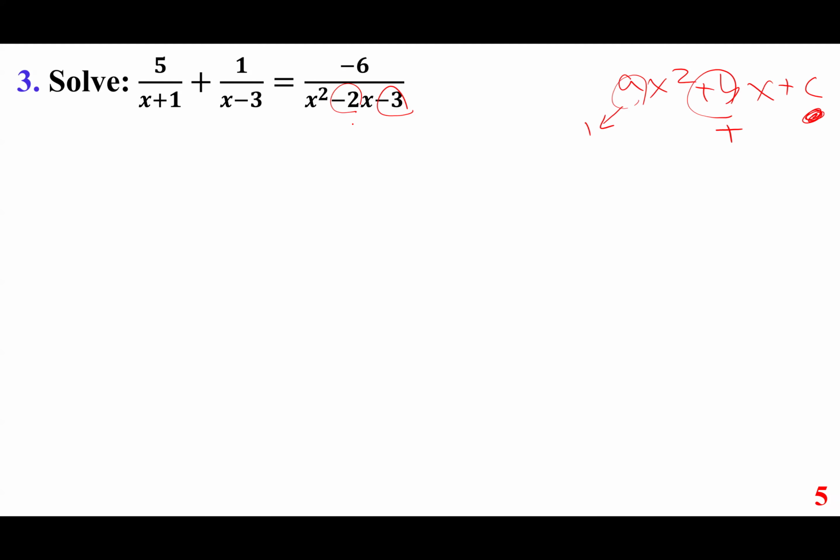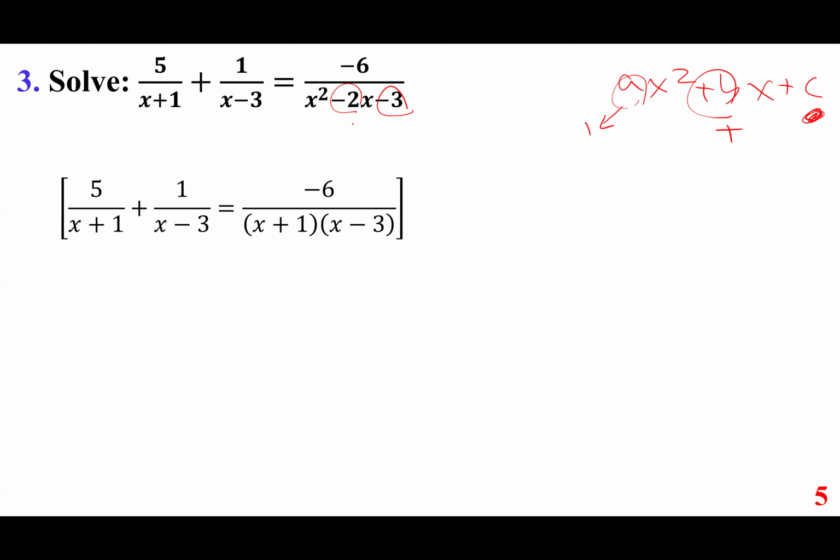And those would be 1 and negative 3. So you factor it in this fashion. Now, to clear out the denominators, we are going to multiply by the LCD. It happened to be x plus 1 times x minus 3.